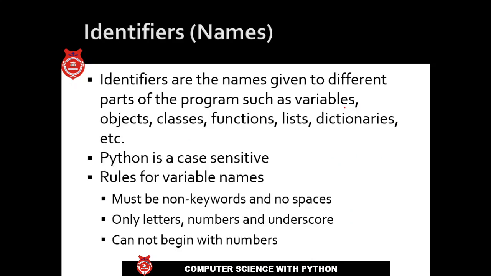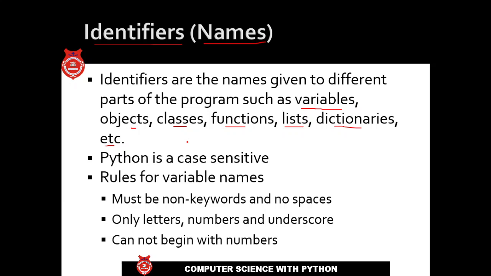Now let's go to another one, which is known as identifiers or names. Sometimes this is also known as variable names. Identifiers are the names given to different parts of the program, such as variables, objects, class, functions, lists, dictionaries, etc. In simple terms, we can call these identifiers as the name given by the programmer.